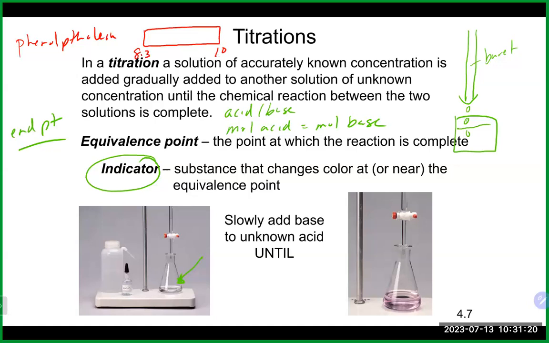Now, when we look at the pH, anything below 7 is acidic, anything above 7 is basic, and at 7 is neutral. So really, phenolphthalein works in the basic range of the pH scale.